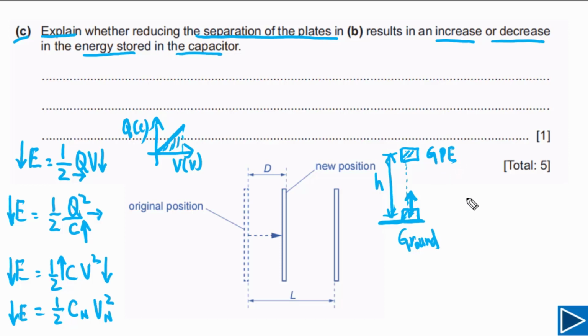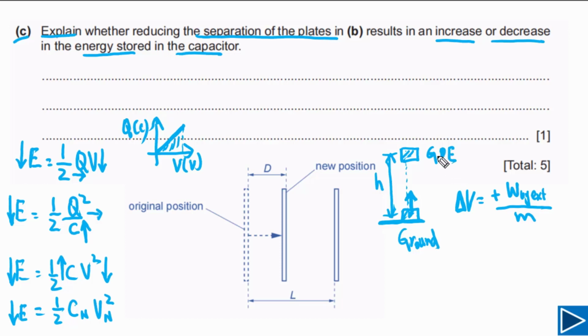Otherwise we can also express this in terms of gravitational potential V, which will be equal to the work done by the external agent per mass. If the work done by the external agent is positive, it means the change in potential is positive.